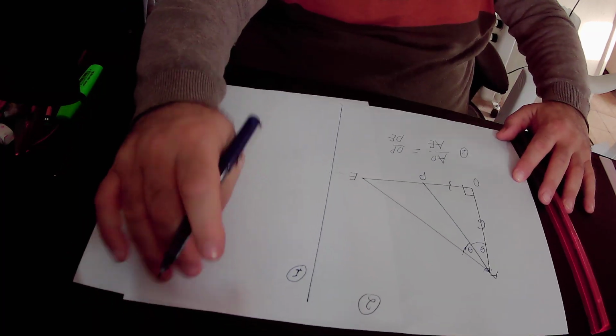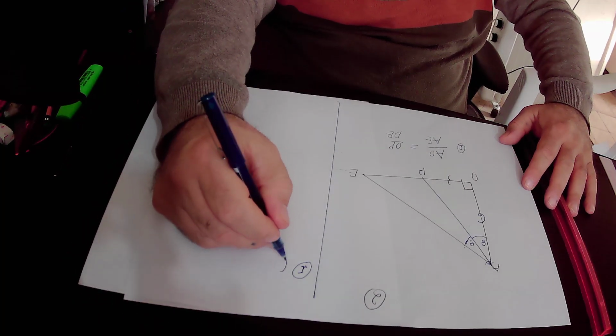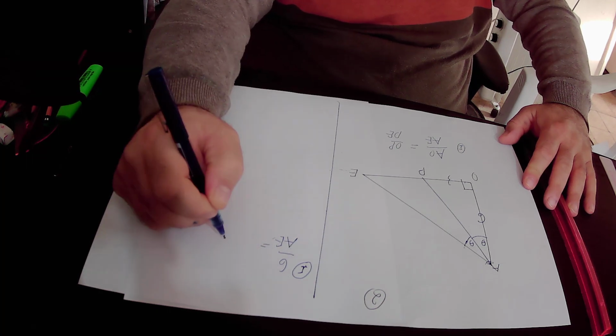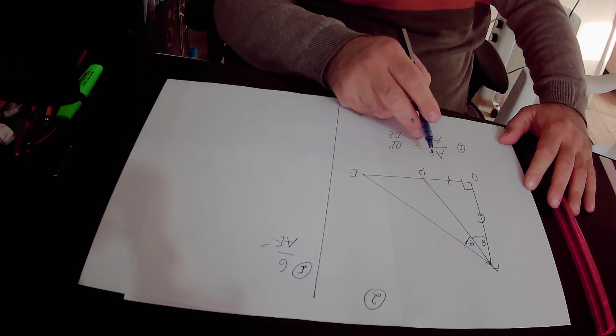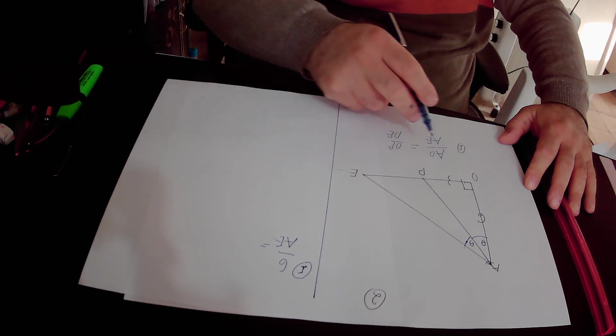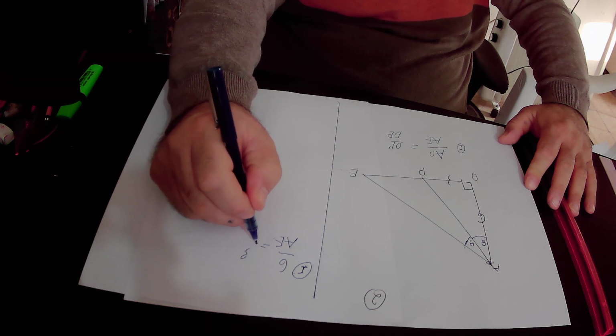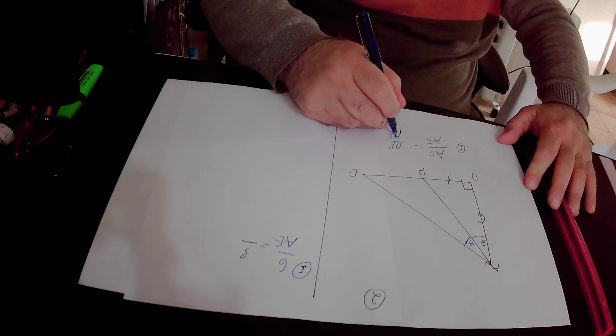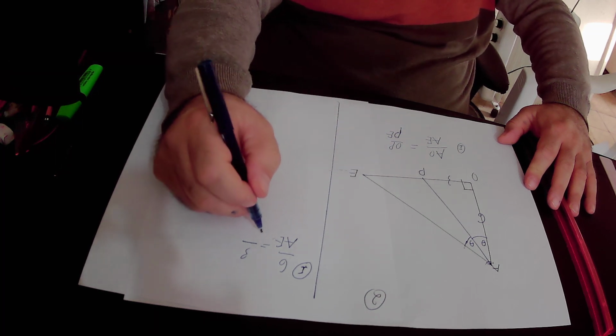AO equals 6 units over AE equals OP. OP is the radius of the semicircle, that is to say it is equal to 3 units, over PE.